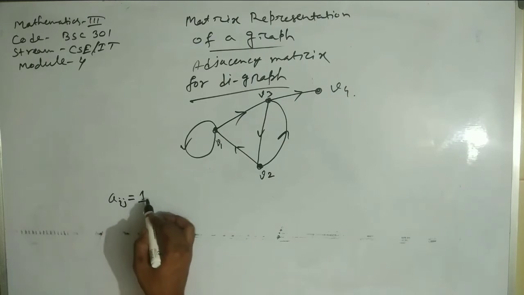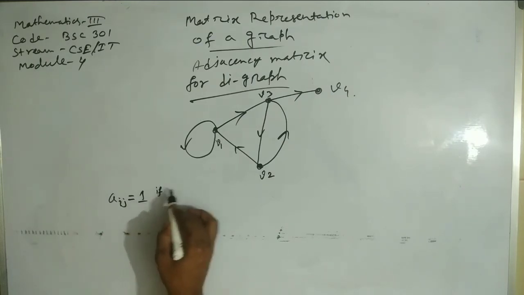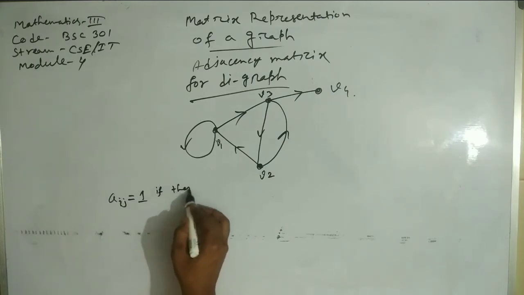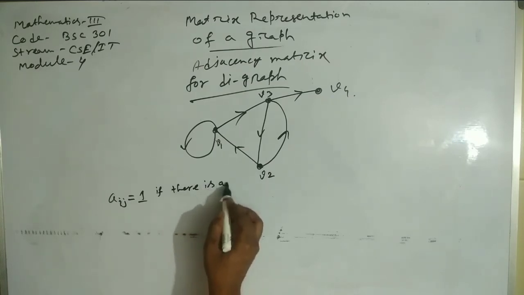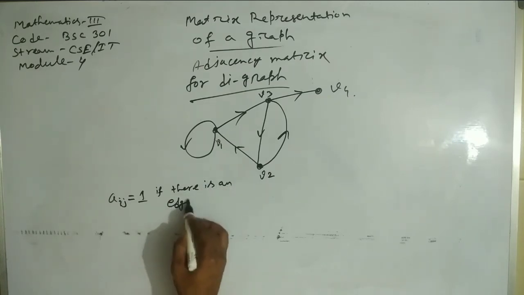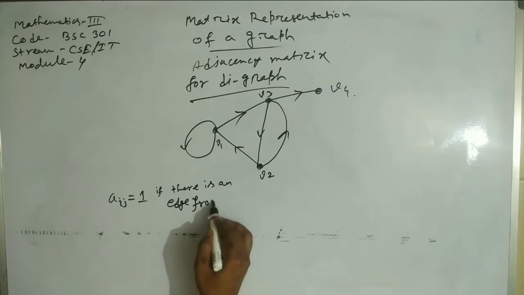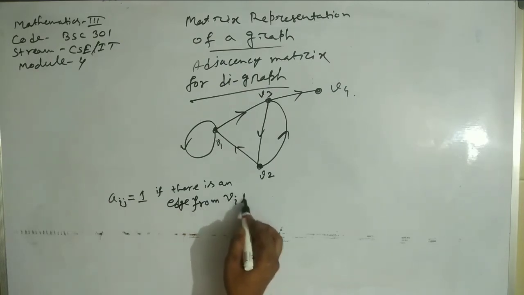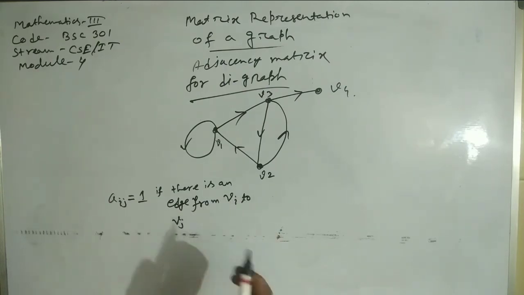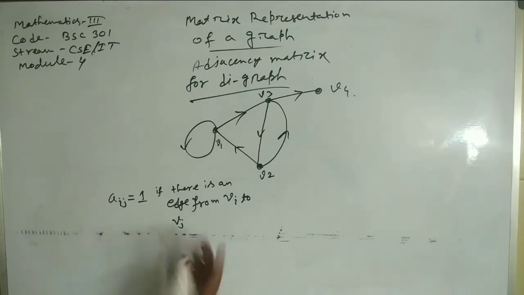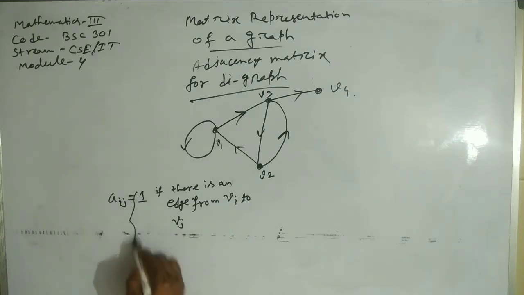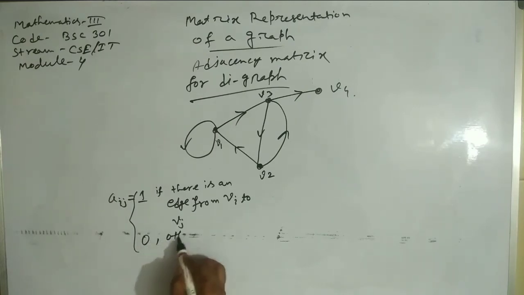Aij will be 1 if there is an edge from Vi to Vj. That is, direction is mentioned. If there is an edge from Vi to Vj, then put 1, otherwise it will be 0.